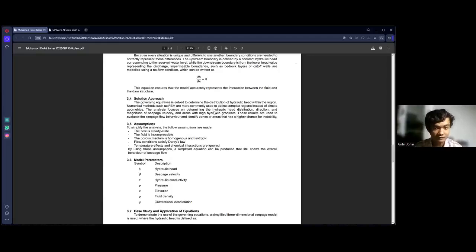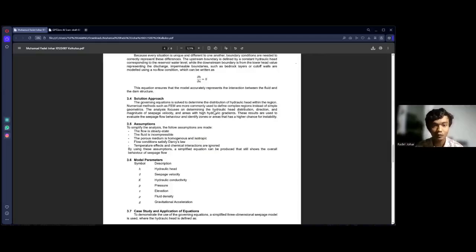The analysis focuses on determining the hydraulic heat distribution, direction, and the magnitude of seepage velocity, and also areas with high hydraulic gradients. These results are used to evaluate the seepage flow behavior and hopefully identify zones or areas that have a higher chance of instability.